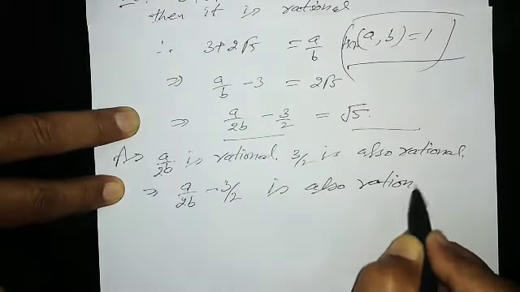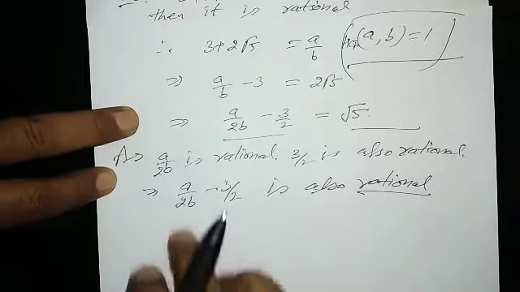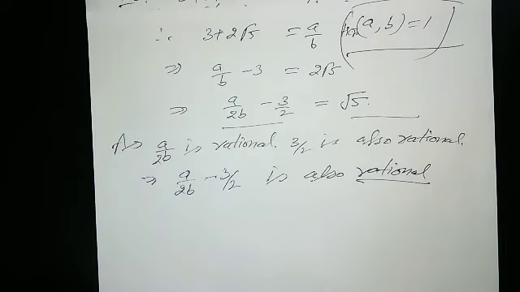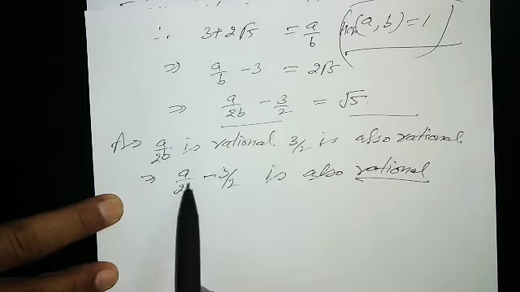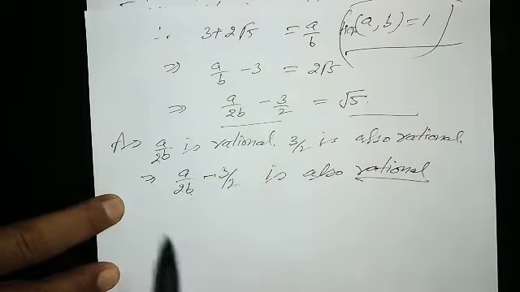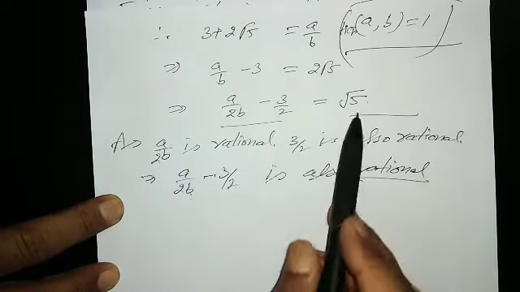If you want to know about the detail of this, you have to see my video for 9th class. I will try to link that video with this, and you will get the reason why this is rational. So this is the left hand side, right?